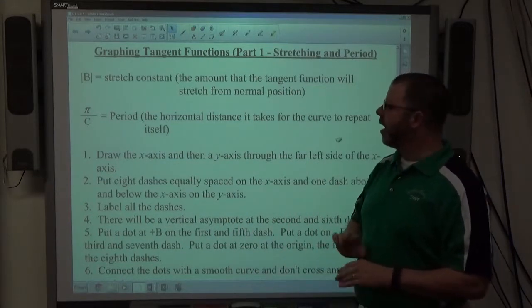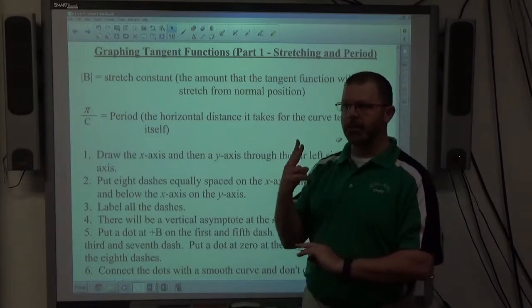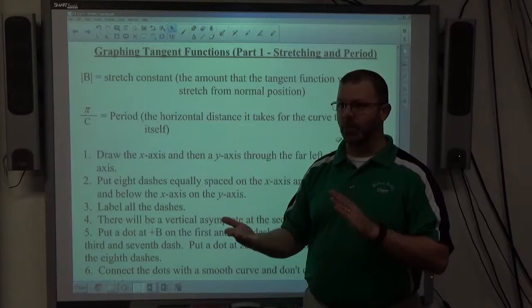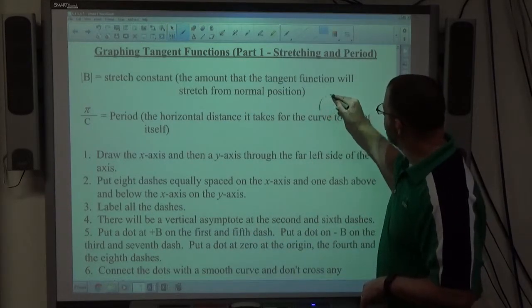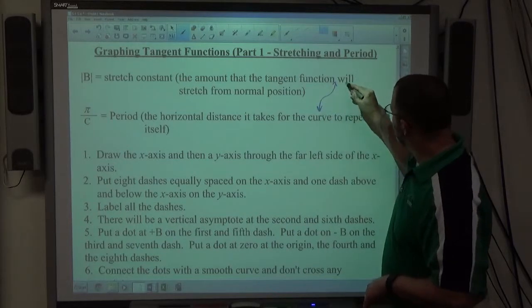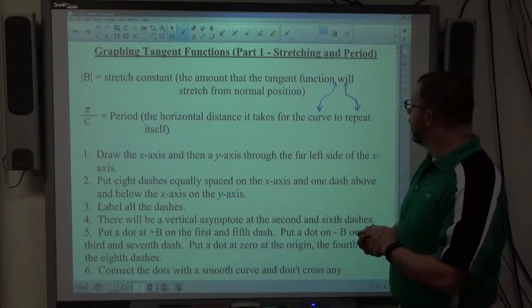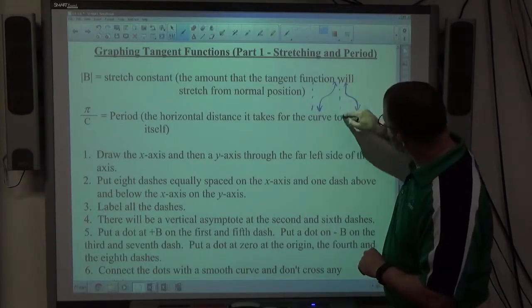Alright. The other thing that's going to be different in graphing tangent and cotangent is that I'm going to go through 2 periods. It allows me to get at least one full picture of it. So basically tangent and cotangent have this look to it or this look to it, one or the other, depending on signs and stuff like that. They look like those, and there's asymptotes on either side of these graphs.